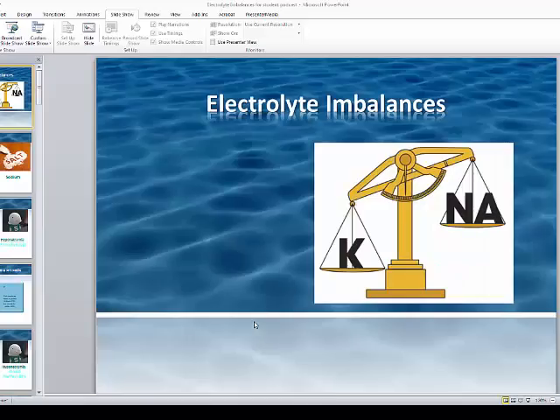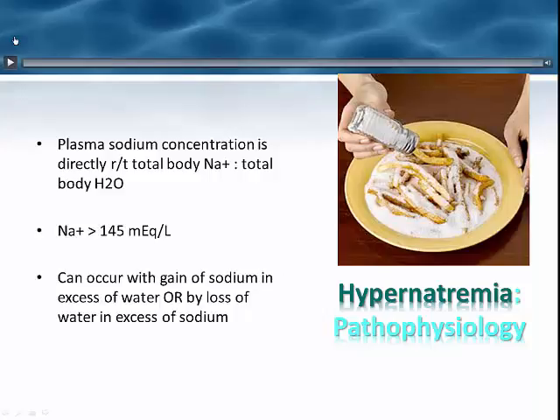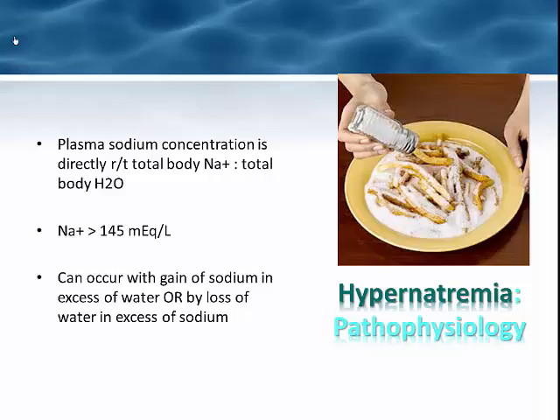Possible causes of sodium excess intake would be someone who consumes too much. Other causes would be hypertonic IV solutions without water supplements, hypertonic feeding preparations, excessive use of sodium bicarb.